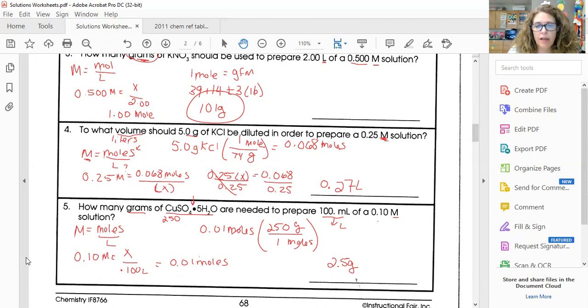So I have the mass of copper, 64, the mass of sulfur, 32, and then the mass of 4 oxygens, each one with a mass of 16. And then I have 5 water molecules, and each water has a mass of 18 because I have 1 oxygen and 2 hydrogens. 16 plus 1 plus 1 is 18. And then that's going to be our total of 250.